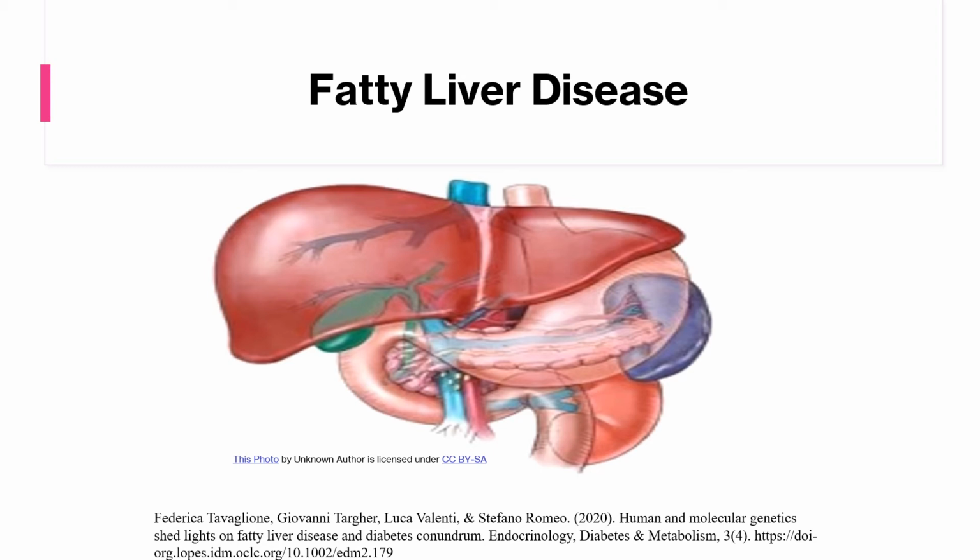Now, fatty liver disease is characterized by hepatic fat accumulation. This is mainly due to metabolic derangement and excessive alcohol consumption. Abdominal overweight, obesity, insulin resistance, and type 2 diabetes are all risk factors for the development of fatty liver disease.